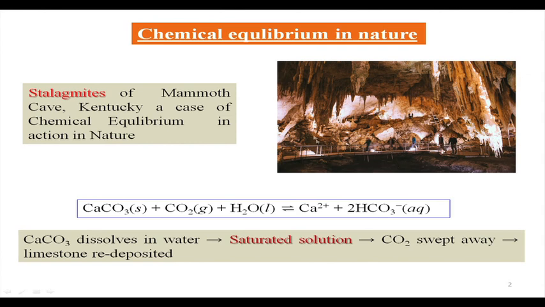From the rock we get these two species, which have beautiful structures that are aesthetically pleasing, so tourists visit that cave, a national park in the US, to see these structures.